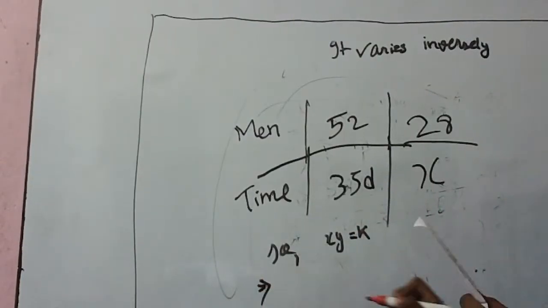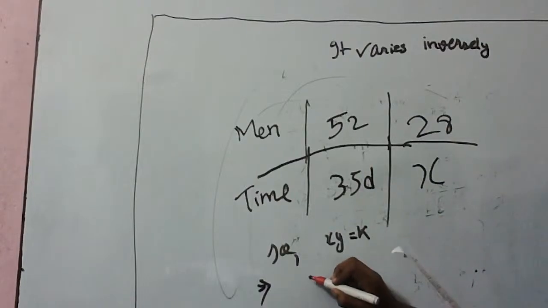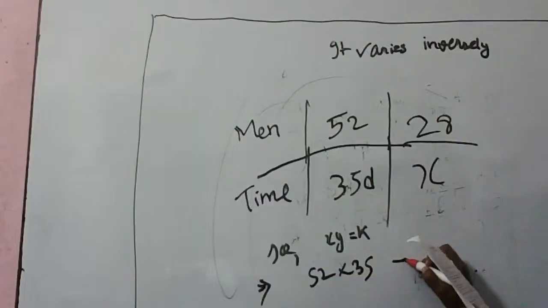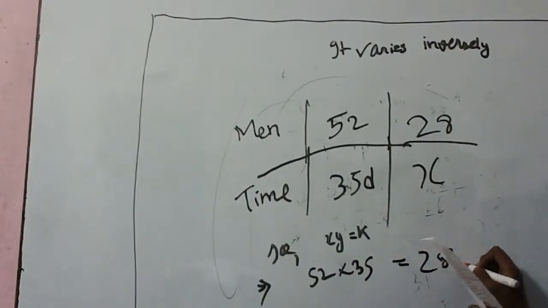This implies 52 into 35 equals 28 into x.